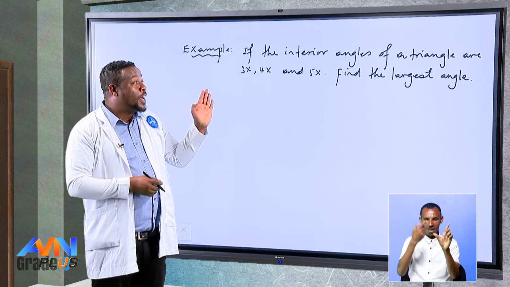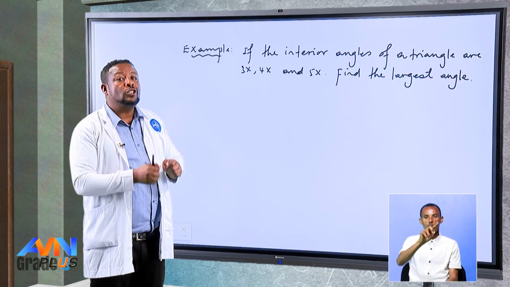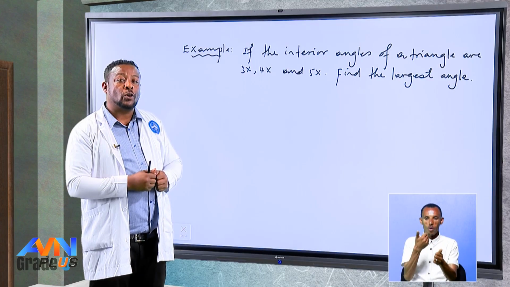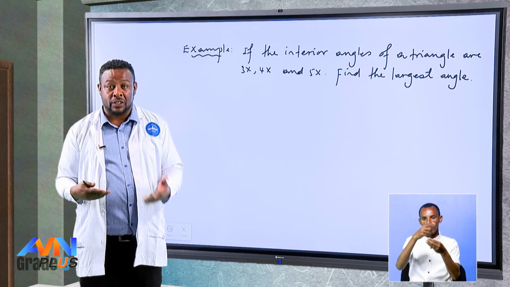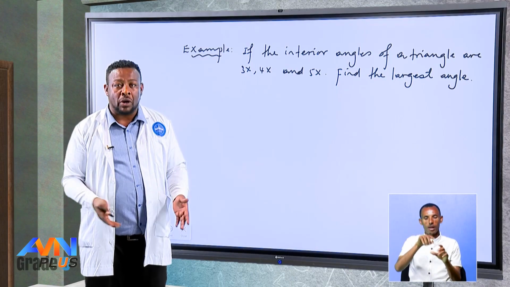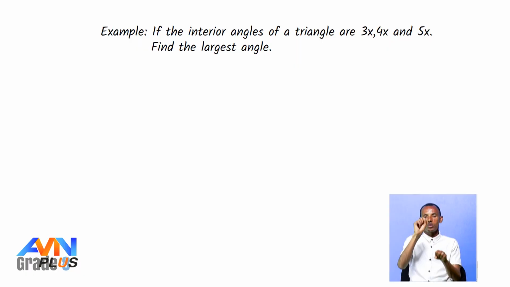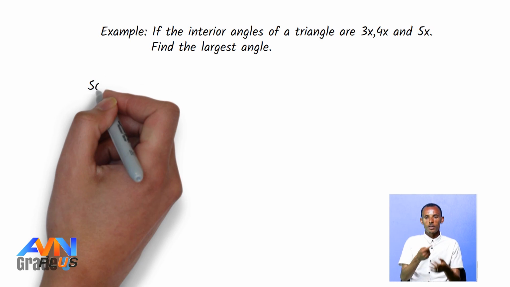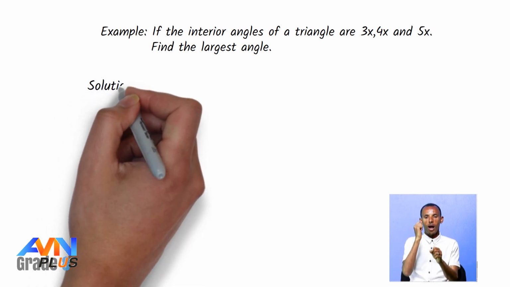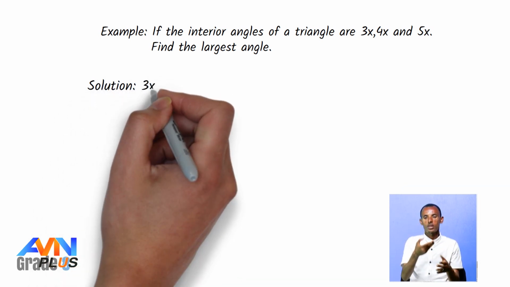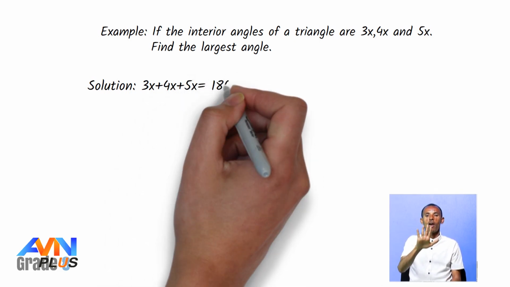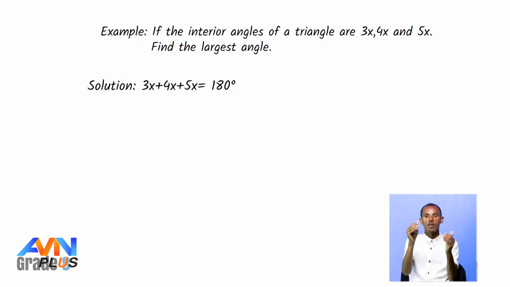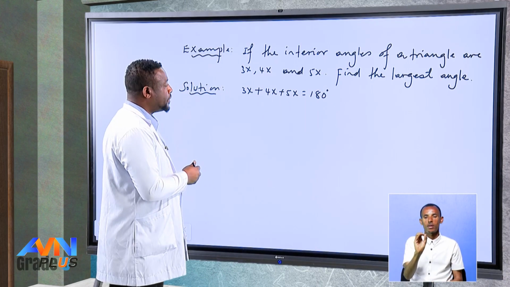To answer this question, you need to follow theorem 5.1, which deals with the sum of the interior angles of a triangle, nothing more. So here we need to add all these interior angles, 3x, 4x, and 5x, to get 180 degrees, right?